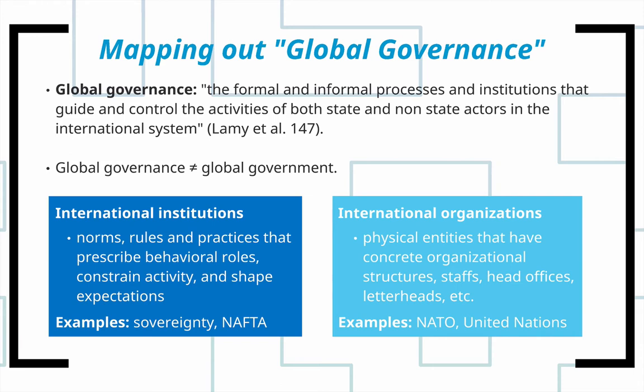Some of them are very broad, like the United Nations. Its charge, its mission encompasses really everything that's happening at the international level. Others are much more focused, right? NATO is primarily just kind of a security entity that emerged out of the Cold War. But the point is that they exist tangibly in the world, and states would send representatives to those organizations.